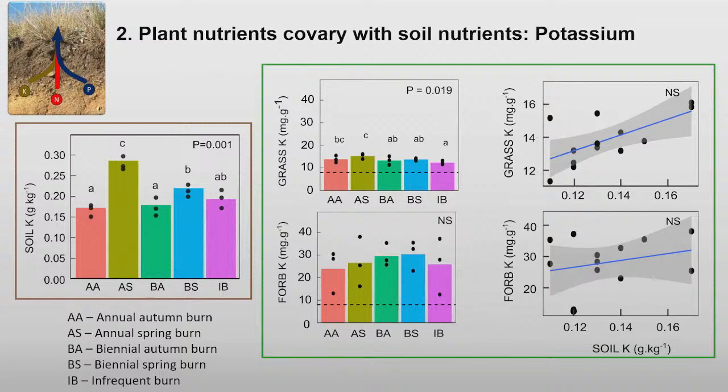What's interesting is that we don't see an increase in grass or forb K with increasing soil K. And I would imagine it's because K is not limiting in the system. So we're actually seeing the top of the curve rather than an increasing response with increasing K.